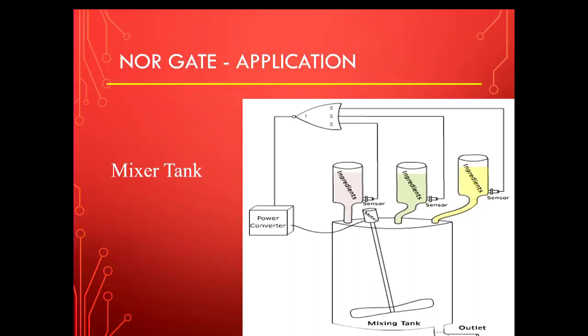When all those ingredients are full, the level is above the sensor, they're going to create a logic of 0, 0, and 0, which means the output you get is 1 and power is being supplied to the motor and it's stirring the ingredients. When the ingredients go below the sensor, one of the logic will go to 1. That means the output is going to be 0 and the motor is going to stop. And it will create an alarm so that the tank could be filled with the ingredient and the process will start again. So here's an example of the NOR gate.